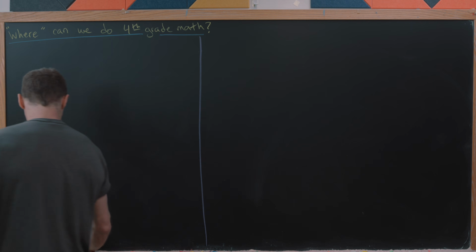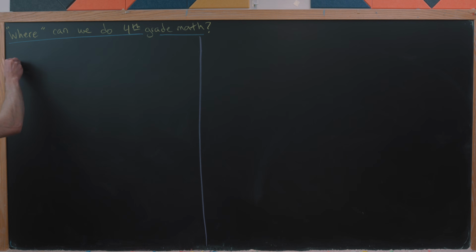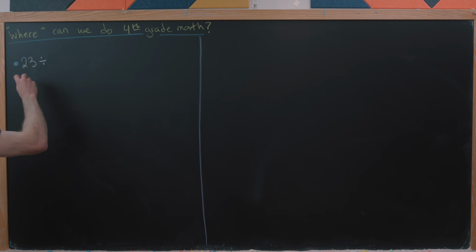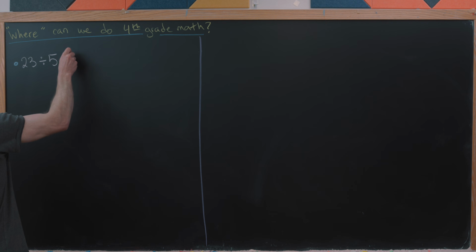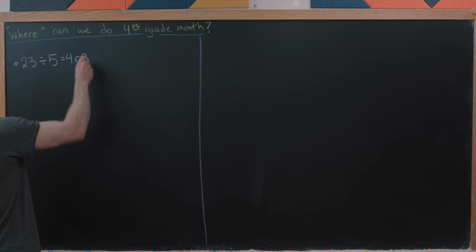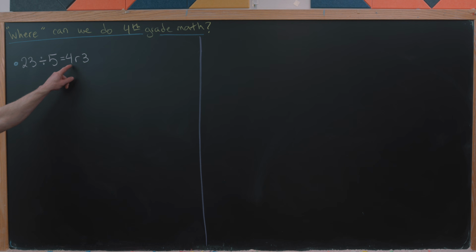So let's start with a couple of examples of these fourth grade math problems. Let's recall that in elementary school, you might have done something like this. 23 divided by 5, and you would have said that that's equal to 4 remainder 3. Because 5 times 4 is 20, that doesn't get you all the way there, so you need this remainder of 3.